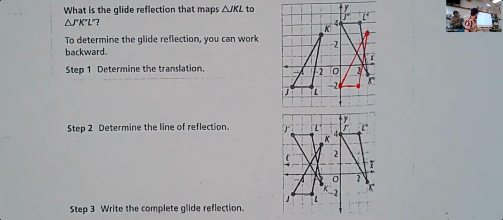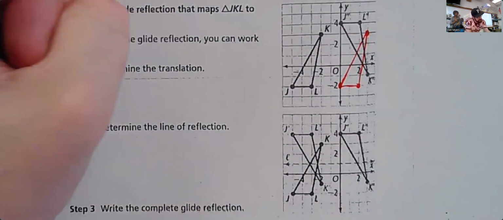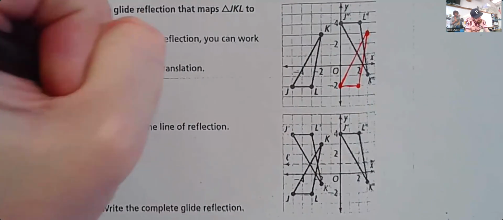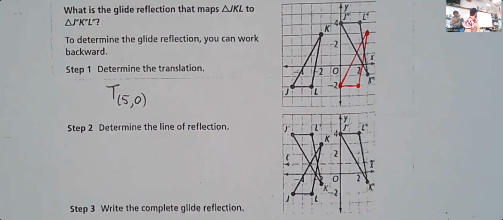So then we can figure out what reflection is happening. We did move our points 5 to the right, so to determine the translation, we're going to write T, parentheses, 5, 0, because we moved it 5 to the right. And then the reflection here is a vertical reflection, so the reflection is happening over a horizontal line.